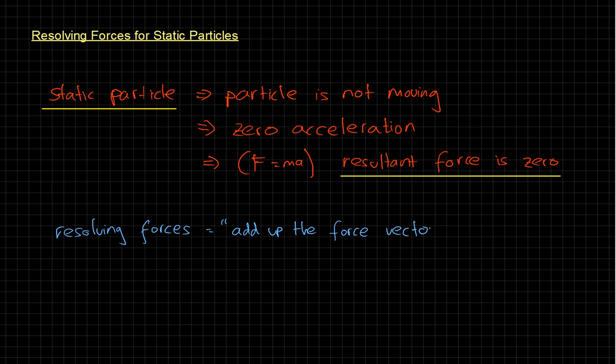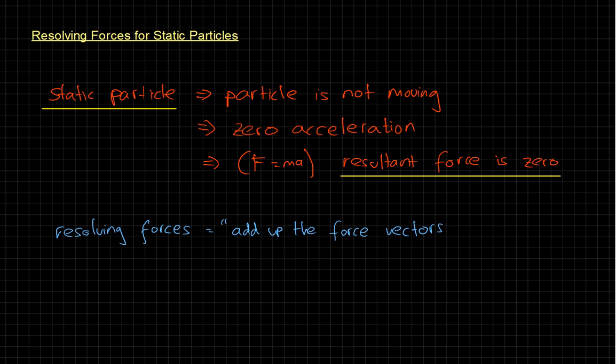I don't want to be too simplistic. Let me just make sure this covers all bases. Let's say add up the forces along a given axis. Or let's not say along, let's be a little bit more specific.